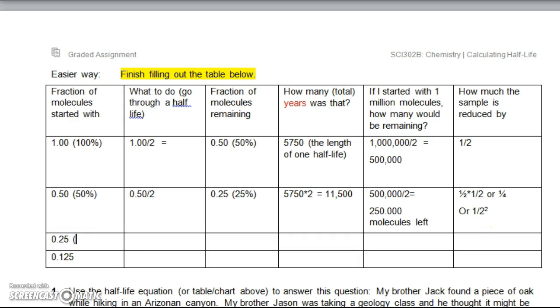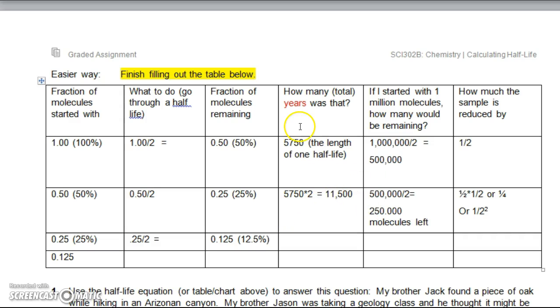So we're down to 25%. Okay, and it's going to go through a half-life. So what would our answer be? It would be approximately 12.5%.